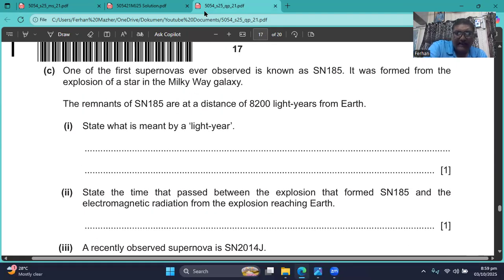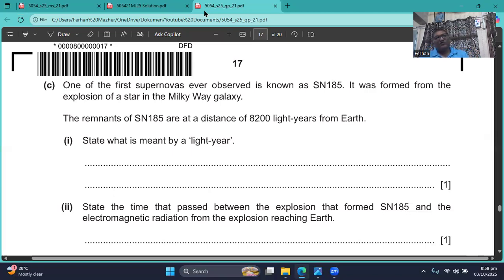The question number 9 and its C part: he says one of the first supernovas ever observed is known as SN185. It was formed from the explosion of a star in the Milky Way galaxy. The remnants of the SN185 are at a distance of 8,200 light years from Earth. State what is meant by a light year.